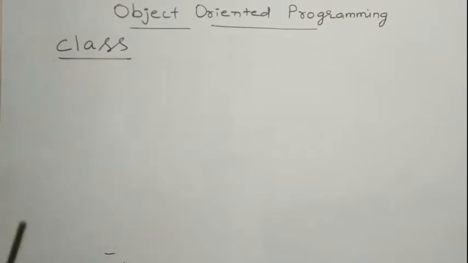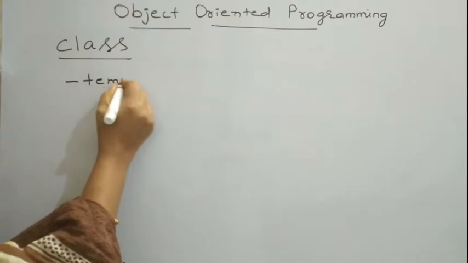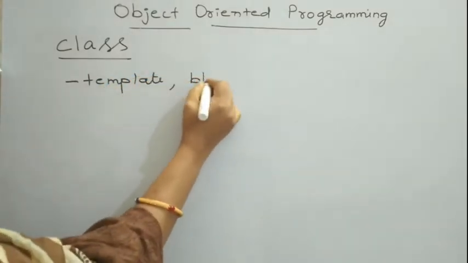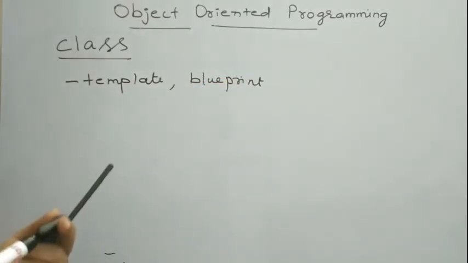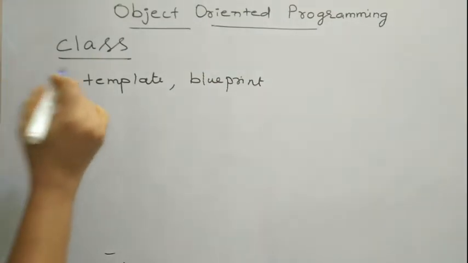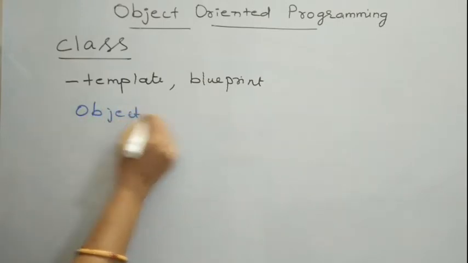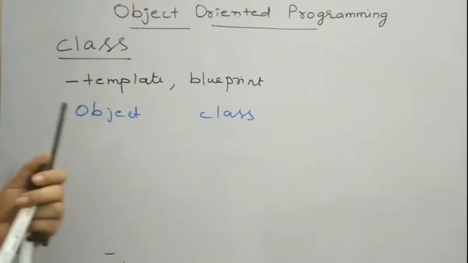Next one is class. A class is basically a template, or a blueprint of an object. Now the relationship between object and class. A class doesn't have any life.